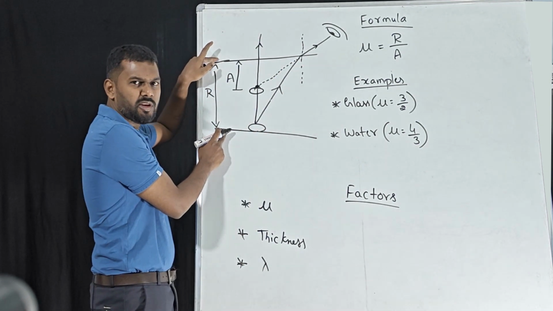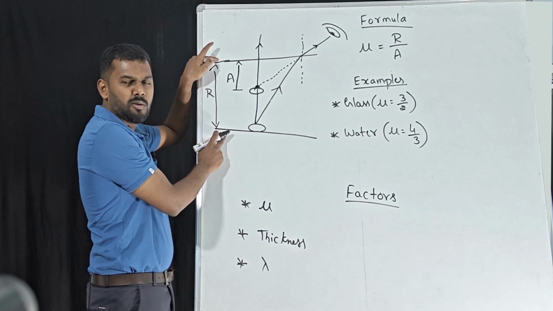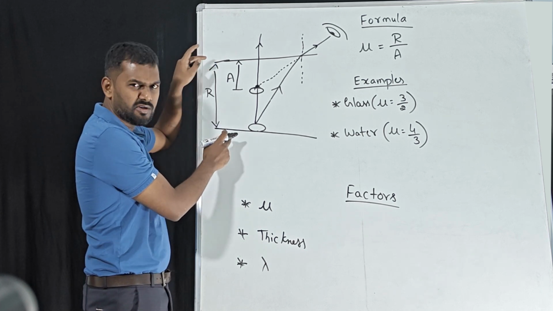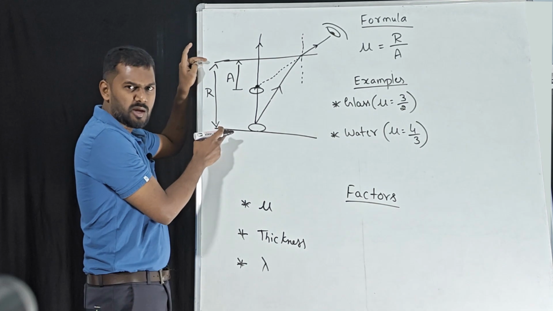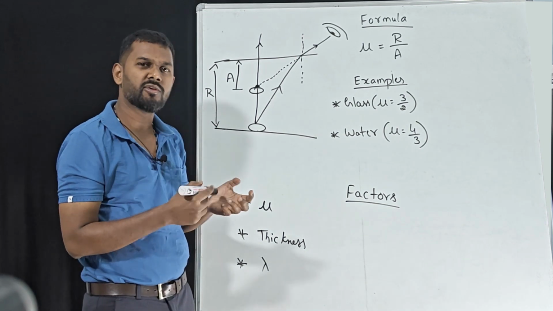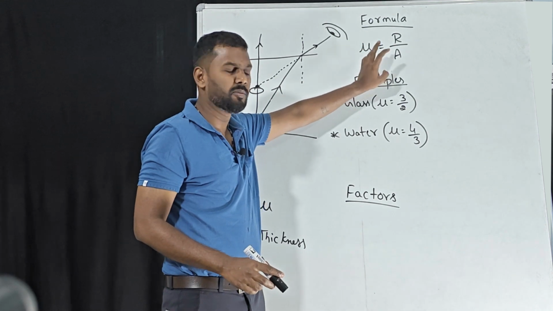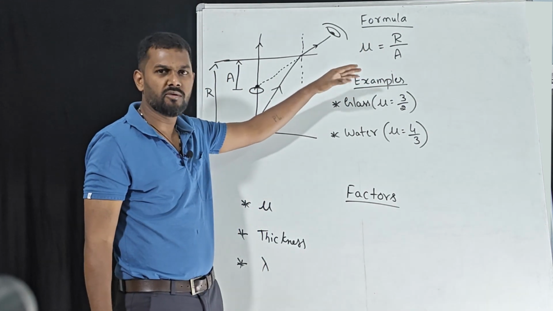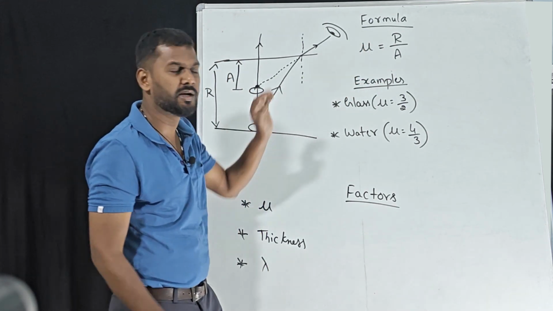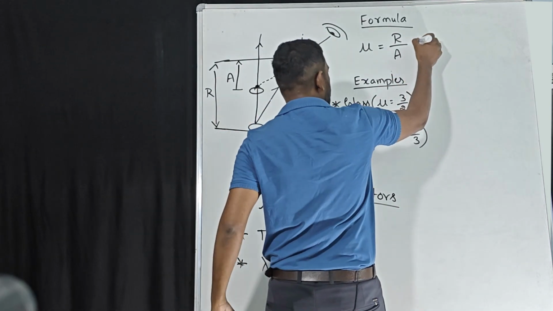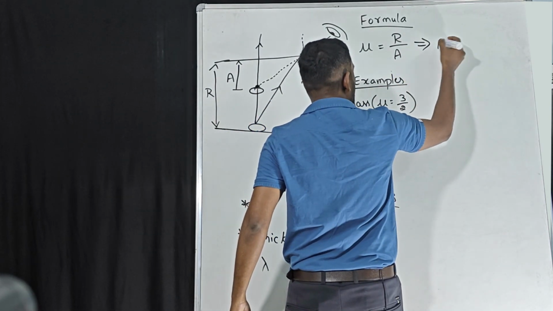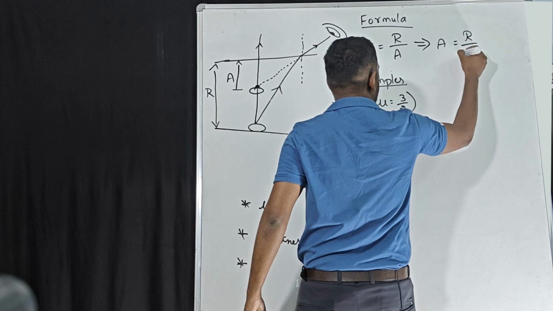If you are talking about an aquarium, we are talking about water, so that will be the refractive index of water. If you are talking about a glass slab, then it will be the refractive index of the glass slab. That's it. Then real depth, apparent depth. Most of the time they will ask us to find the apparent depth only. The same formula you can use like this: A is equal to R by mu.